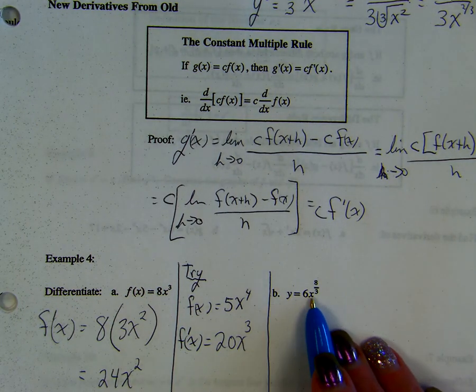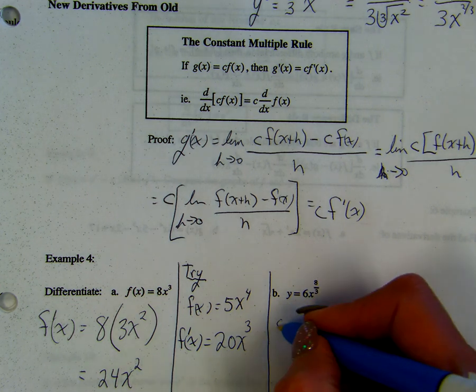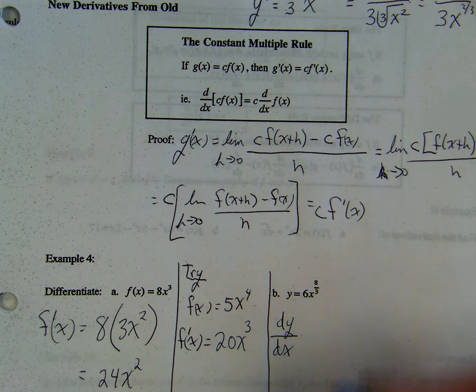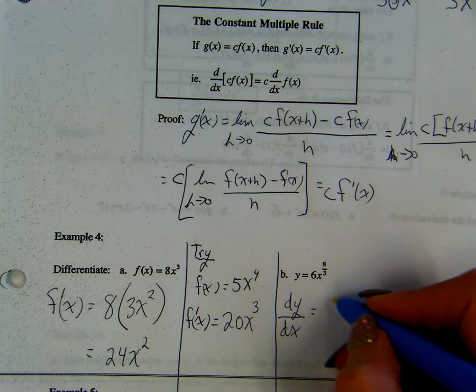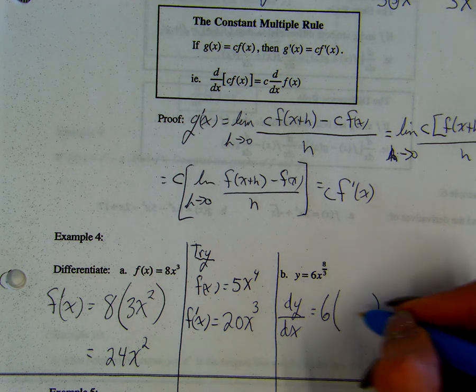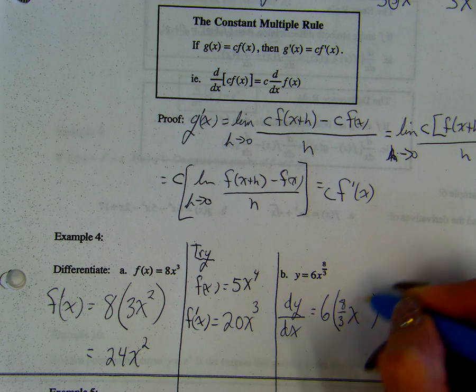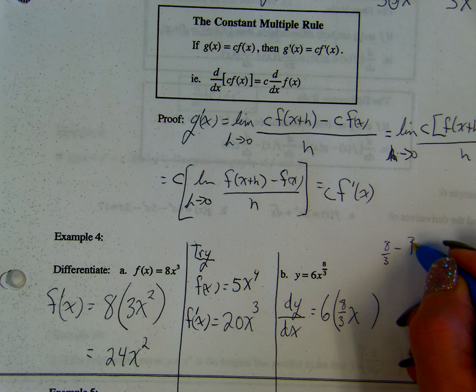If y is equal to 6x to the 8/3, I'm going to use a little bit different notation to get us used to all of the different forms that we see of the derivative. dy by dx, y prime, the derivative of that is leave the constant out in front and take the derivative of x to the 8/3, n x to the n minus 1, that is 8/3 minus 1.